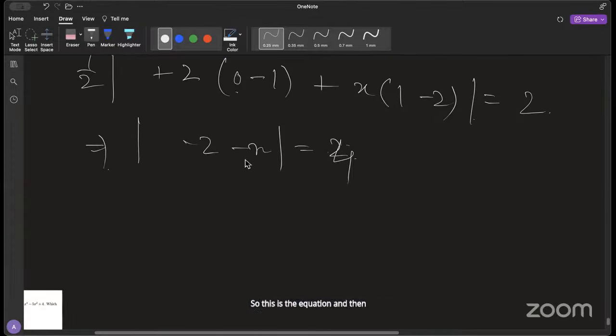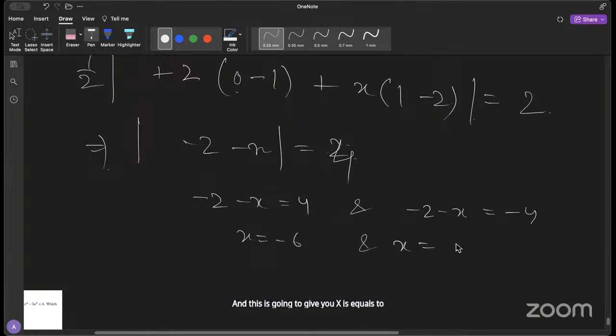And then if you remove the mod sign, you will have -2 minus x equals 4, and -2 minus x equals -4. So we have to solve these two equations. This is going to give you x equals -6, and this is going to give you x equals 2, right?